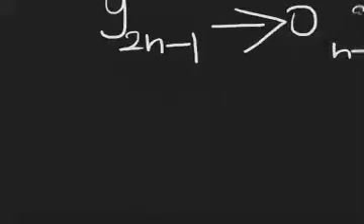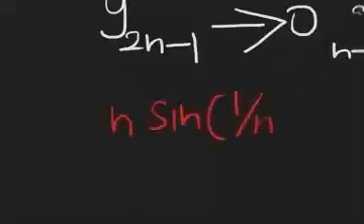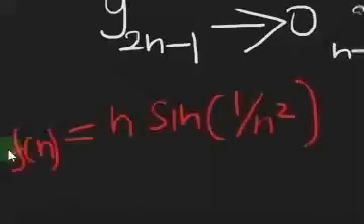Basically here we have n sine of 1 over n squared, I take this as f of n. I want to show this one is monotonically decreasing.